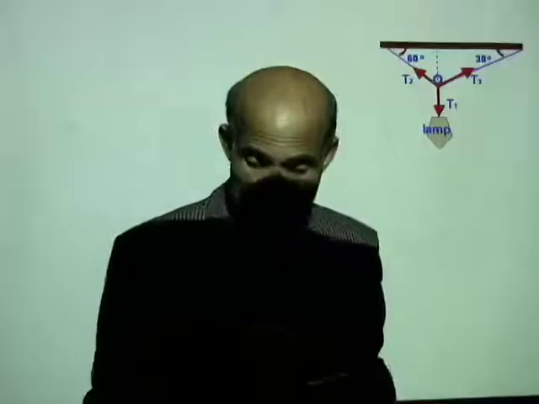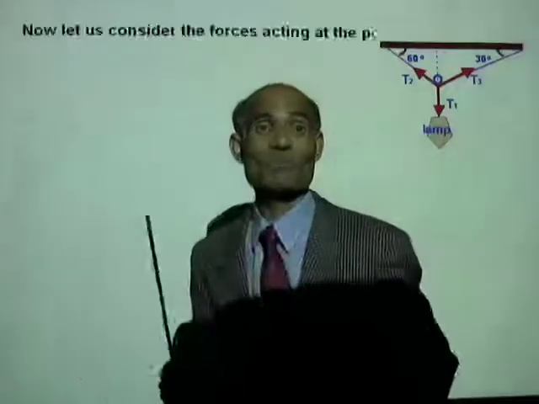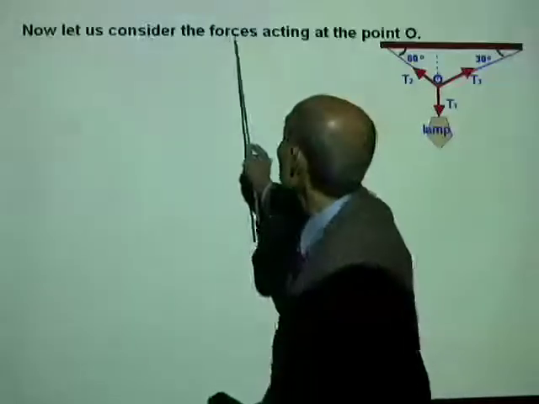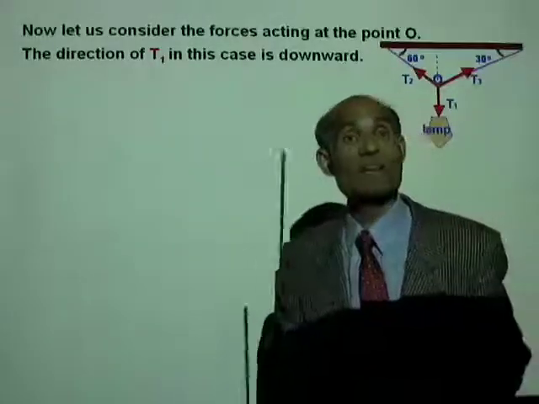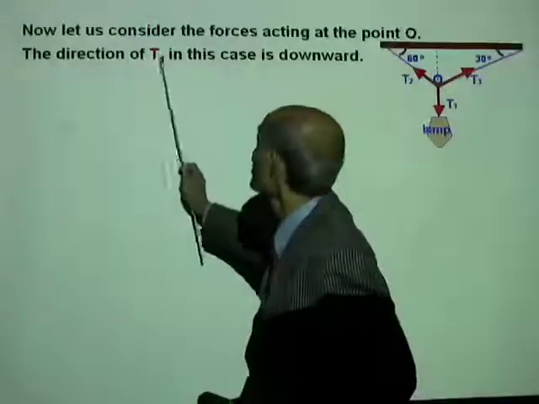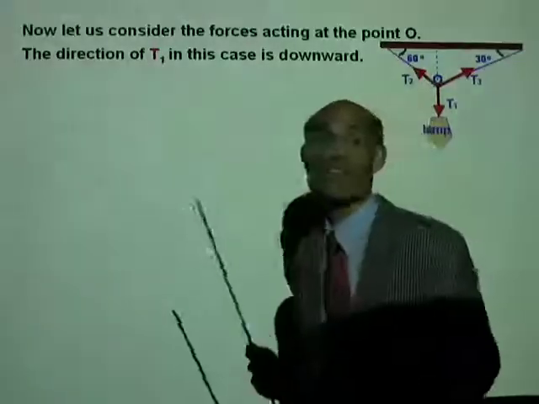So when you now consider the forces at the point O, the tension T1 is actually downward. Alright, we will now consider the forces acting at the point O, and in that case the direction of T1 is downward.